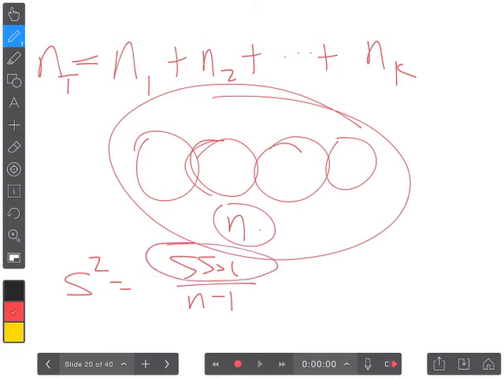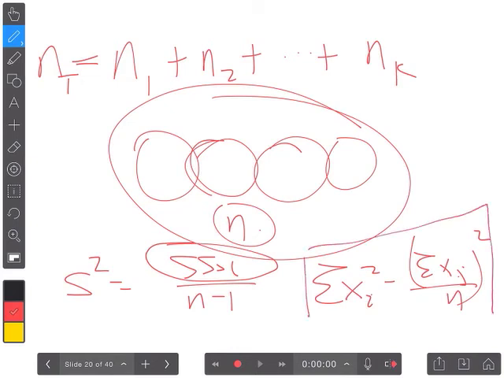But for this sum of squares due to X, we have a formula for it: the sum of Xi squared, minus the sum of Xi, all squared, over N. That term right here is our SSX. So we already know how to do this from our standard deviation calculation. If we need to find the total sum of squares, we can do it very easily by treating all of the samples as a single sample, and then calculating this value.